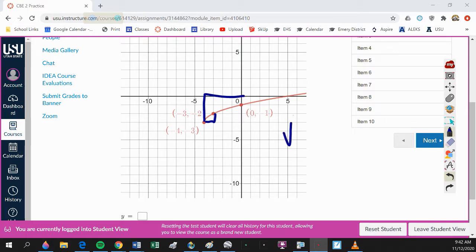So it's going to be the square root of x. How do we shift left? Plus 4. And how do we shift down? Minus 3. We good? Piece of cake?